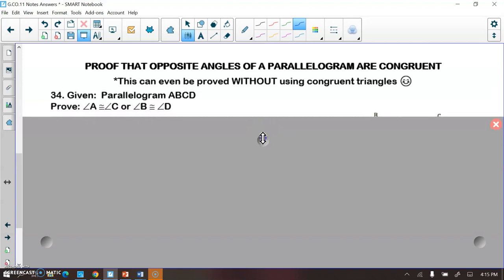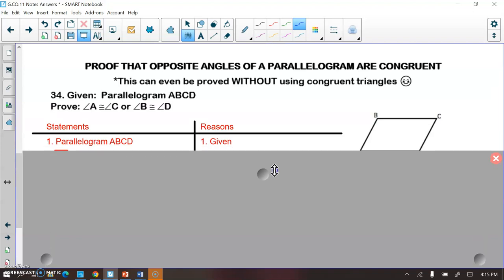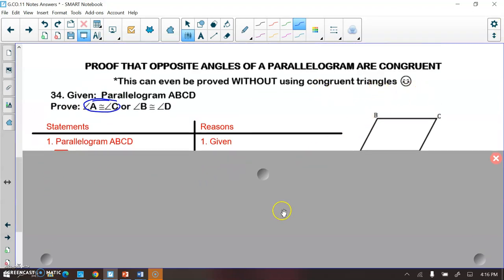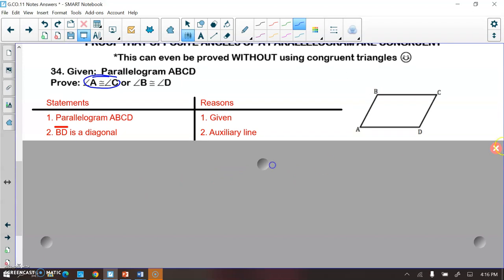So we are given parallelogram ABCD, and we want to prove that either angle A and C are congruent or angle B and D are congruent. I'm going to prove angle A and C are congruent. So I start off, and I'm going to prove it using congruent triangles. I'm going to start off by using my auxiliary line BD.